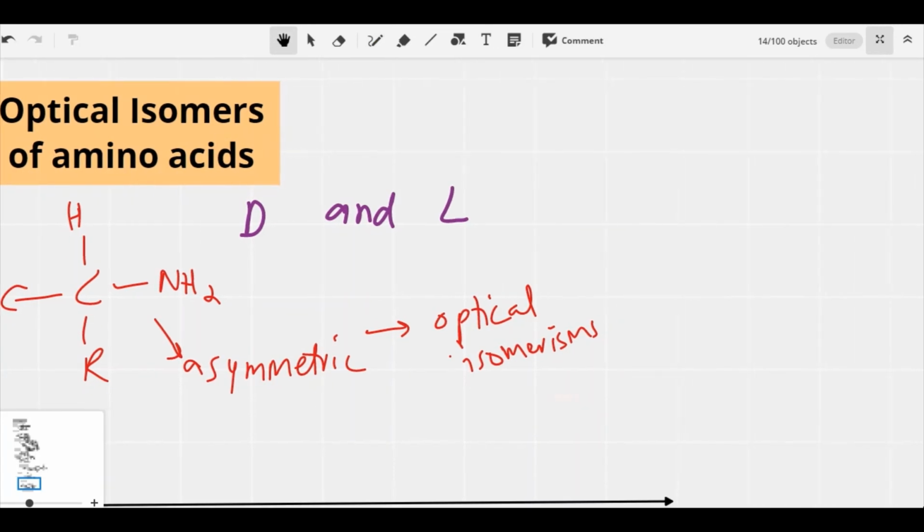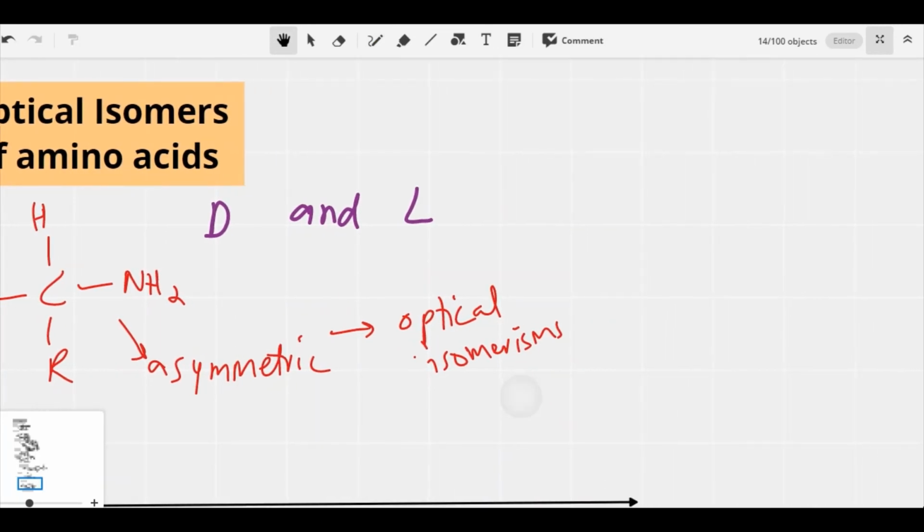Now, all amino acids except glycine, because in glycine the R group is hydrogen, so glycine is not asymmetric. But in the others, where the R group is different on the alpha carbon, all the amino acids have optical isomers.